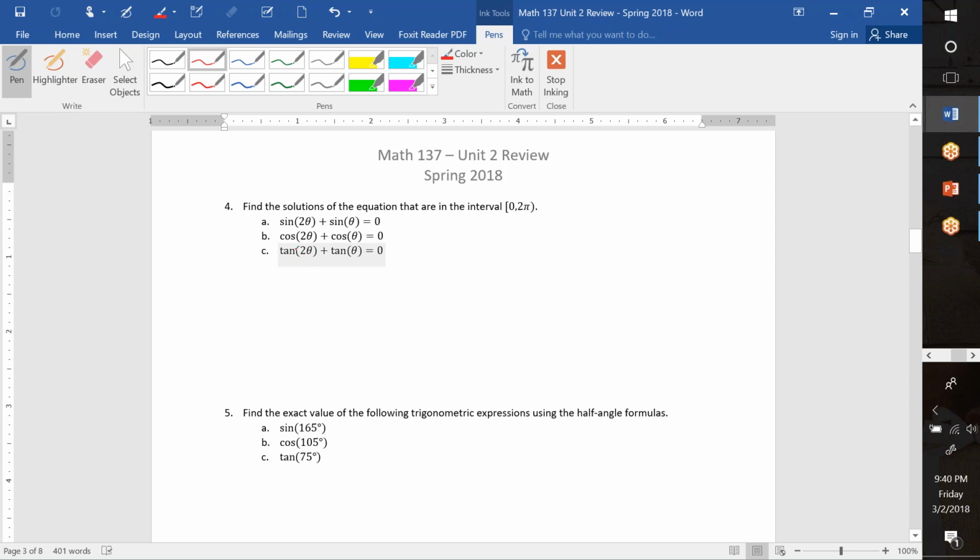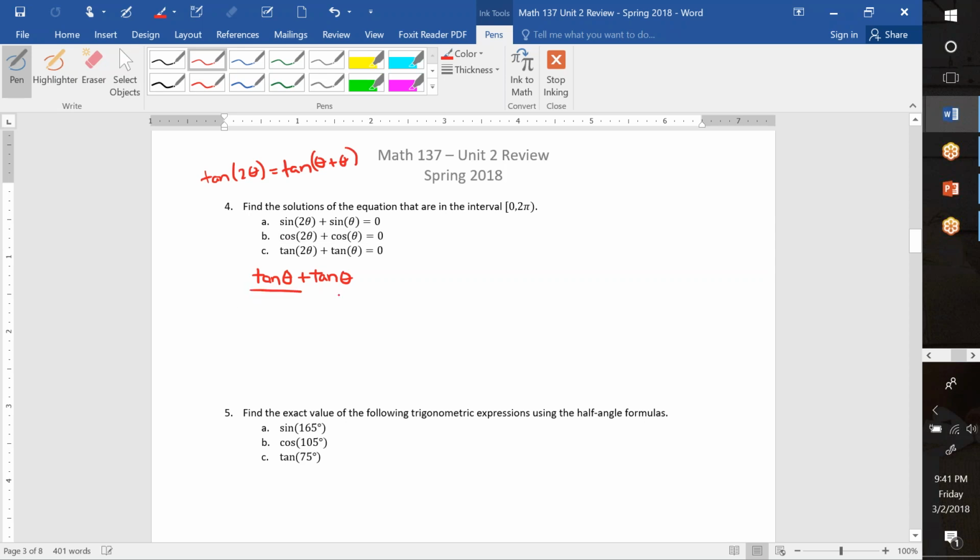You can't solve them or factor out a tangent right now because they don't have the same insides. So tan of 2 theta, when you convert it, is tan of theta plus tan of theta, because remember, tan of 2 theta is really tan of theta plus theta.